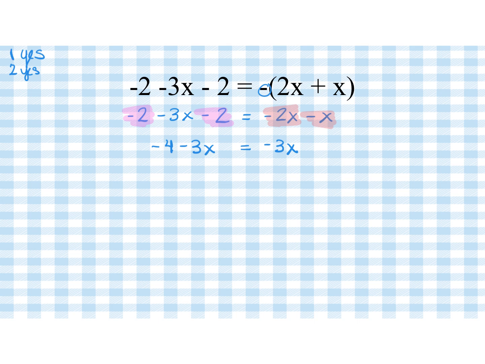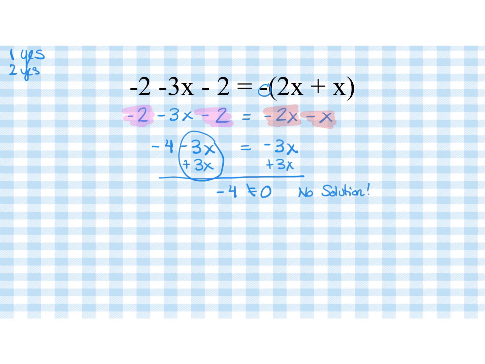So right now, you might be thinking, uh-oh, I think we have a problem. But keep going, right? So I'm going to move my x's. I guess I'm just going to move this one, plus 3x. That's my intentional 0. Plus 3x. That's my resulting 0, right? So what I have left is minus 4 is equal to 0. Is that a true statement? It is not. So I am assuming that I have no solution.